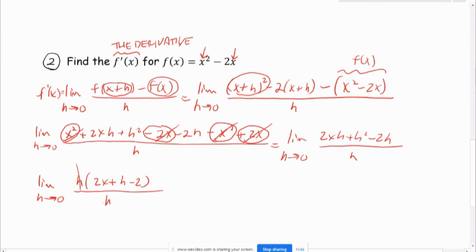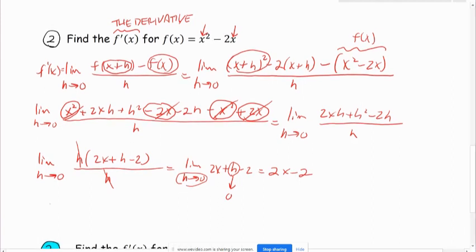And those h's cancel. So now we have the limit as h approaches 0 of 2x plus h minus 2. But remember, h is approaching 0, so this term is going to approach 0, and all we have left is 2x minus 2. And so that is our derivative.